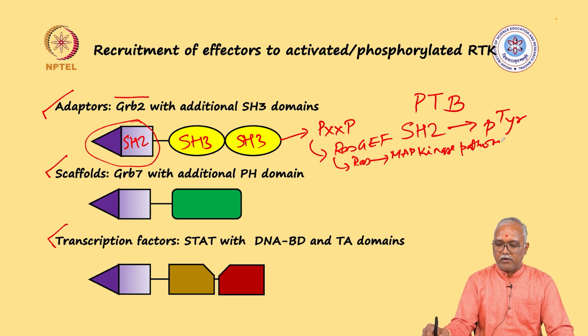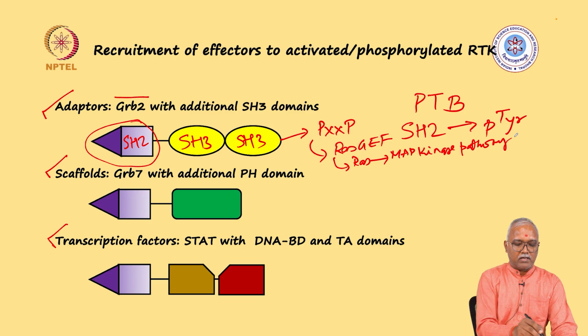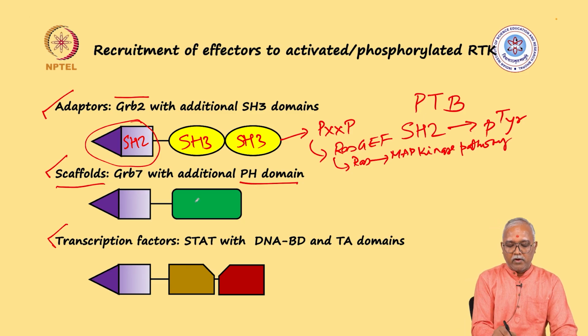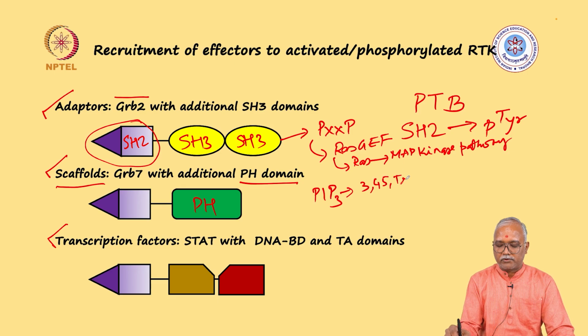The other set of molecule with SH2 domain which attach or bind to the activated receptors are the scaffold class of molecule which bring additional domain like PH domain. If you remember, these PH domains have affinity for phospholipid and more specifically PIP3 kind of lipid, where you have phosphoinositide 3,4,5 trisphosphate.